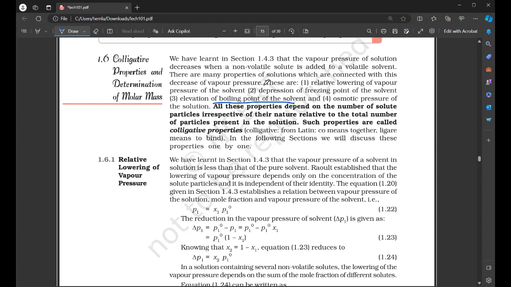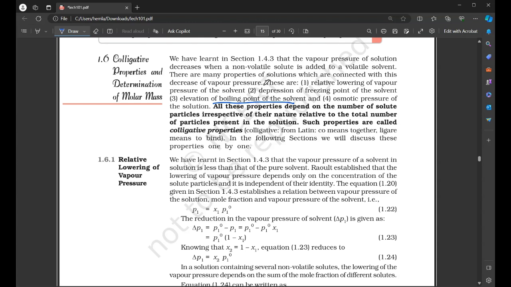All these properties depend on the number of solute particles, irrespective of their nature, related to the total number of particles present in the solution. Such properties are called colligative properties. Colligative is from Latin: co means together, ligare means to bind. In the following sections, we will discuss these properties one by one.